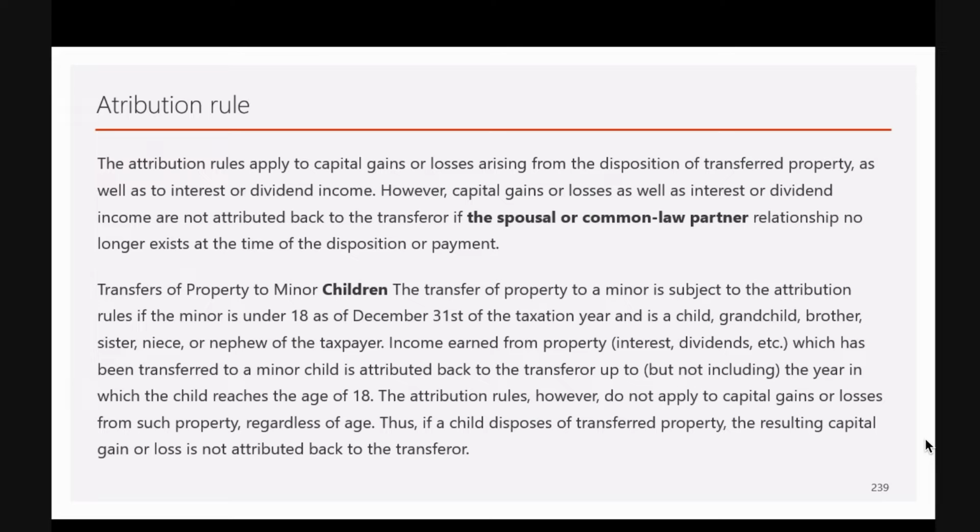Apart from that, under her daughter's return, because she is a student, they probably won't pay any tax, just very little tax. So that's one reason, for the rental income.